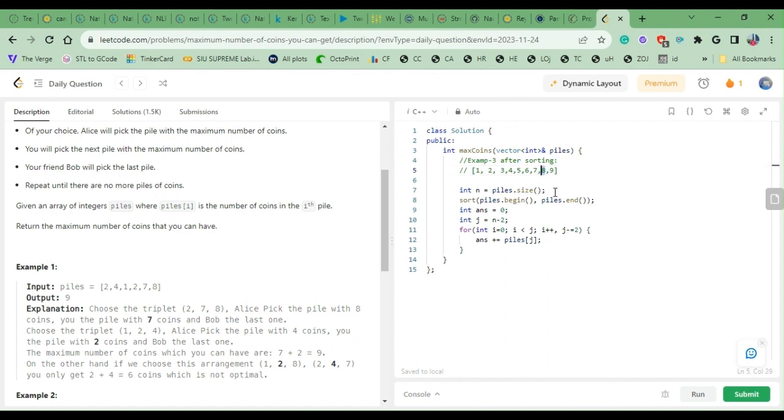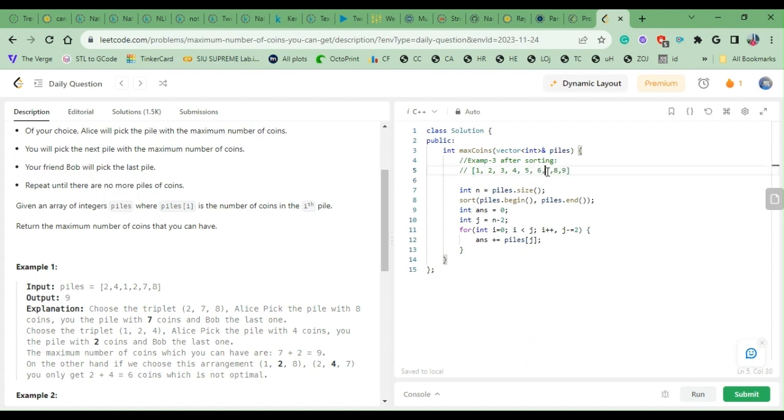What is the position of 8? The position of 8 is n minus 2. If 9 is in the n minus 1 position, then 8 should be in the n minus 2 position. So you have to start from the n minus 2 position. That means you are picking only your number, and doing continuous addition.